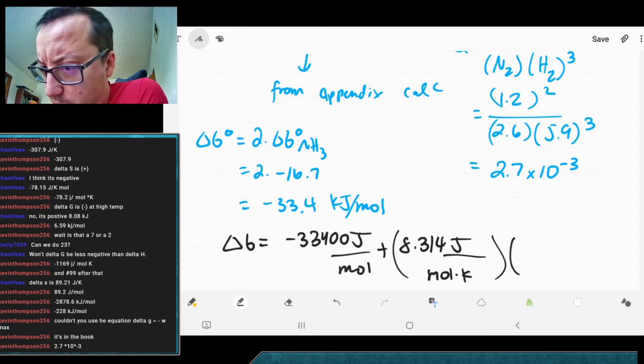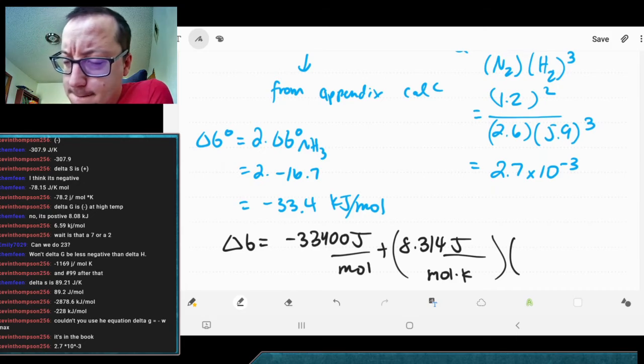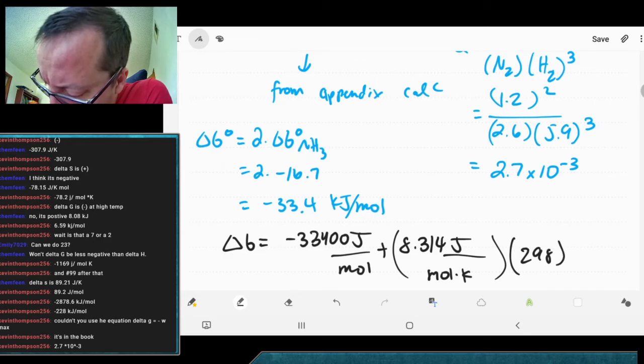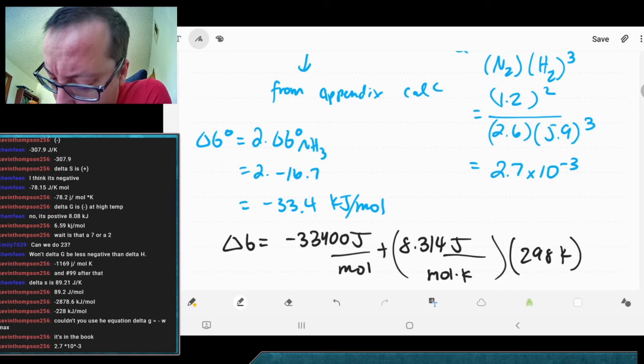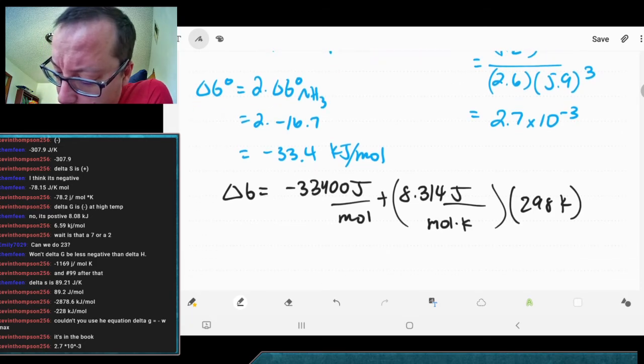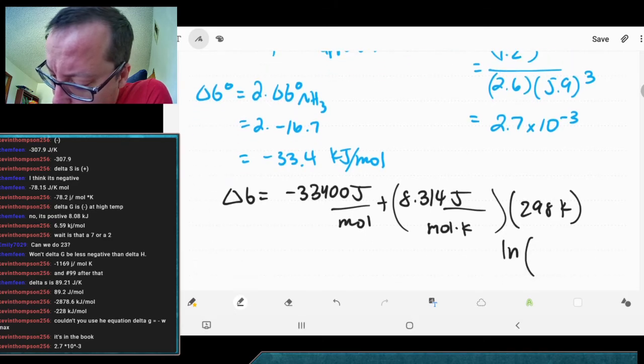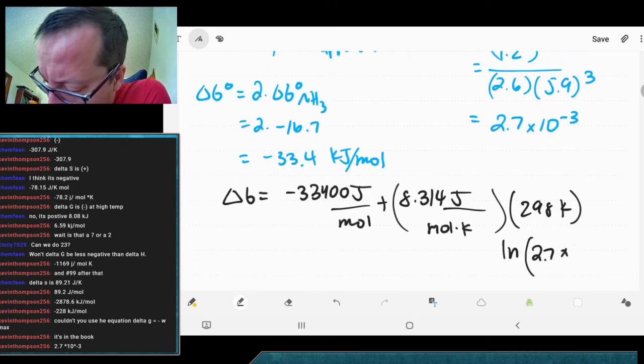Why aren't we given a temperature for this? Well, let's just go ahead and calculate these at 25. So we'll say 298 Kelvin. And then we have our natural log of 2.7 times 10 to the negative 3.